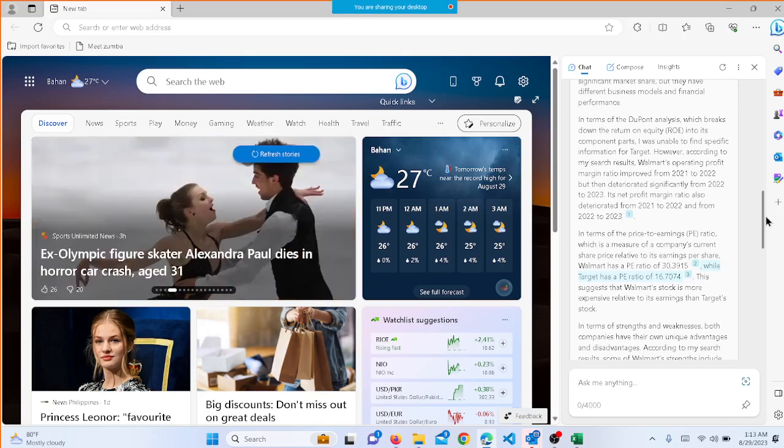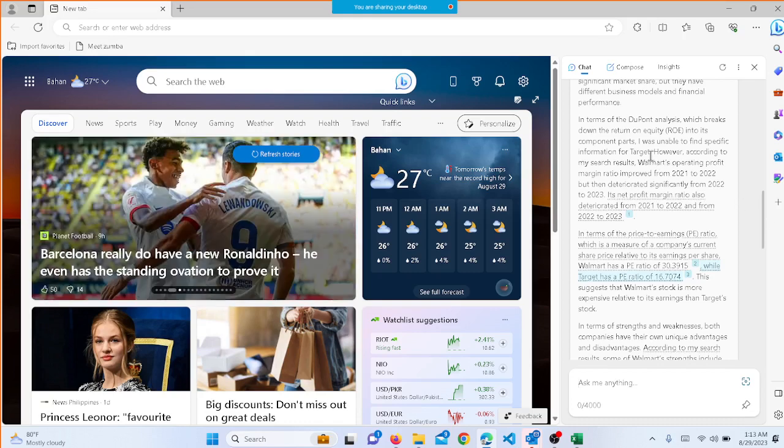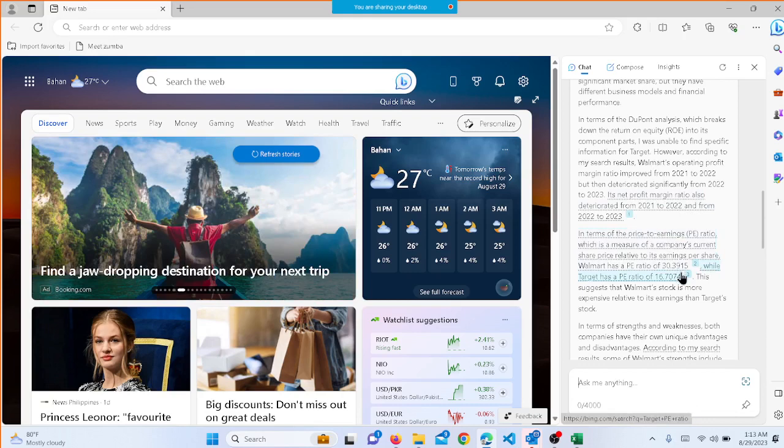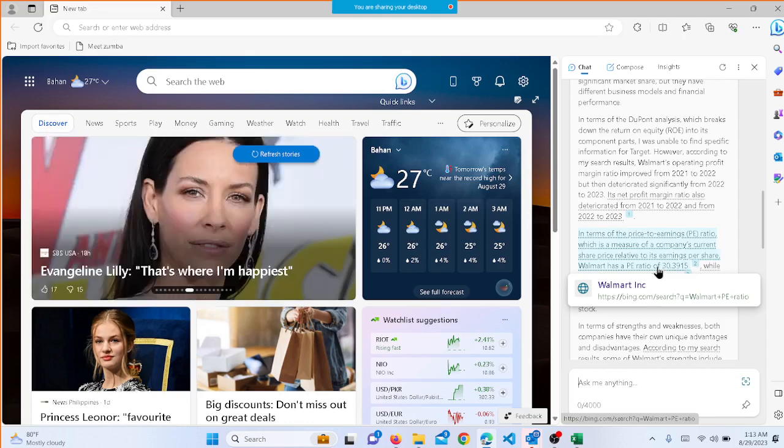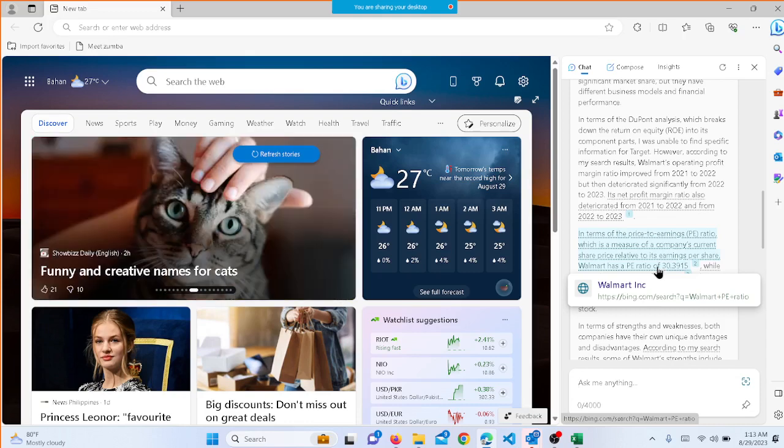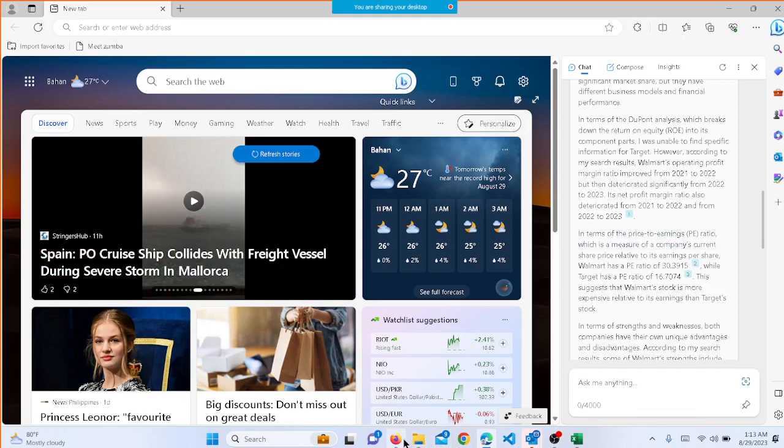But the other alternative is I could have put the PDF into Bing and get all the information here with the links available to the sources. So if I want to verify the source, I can just click on the link and then I will reach the source where the information is shown. So that is a good power of AI.